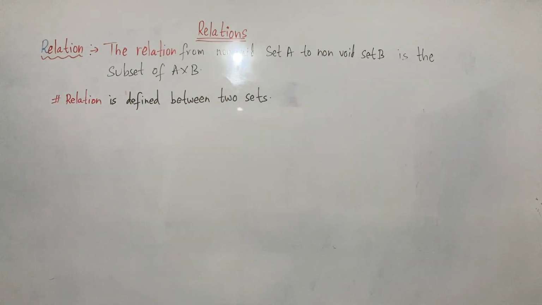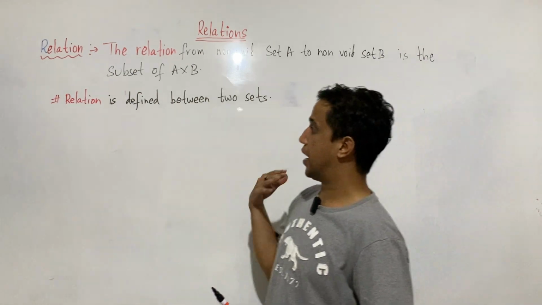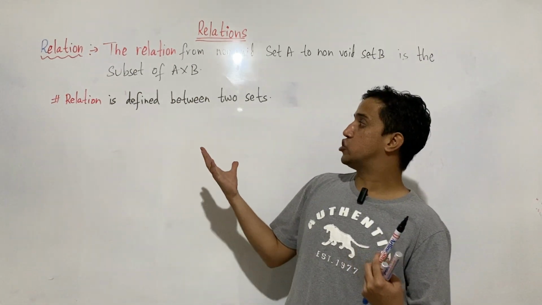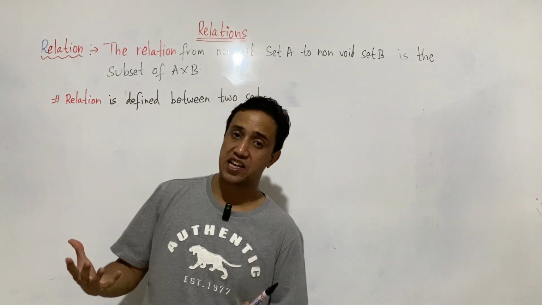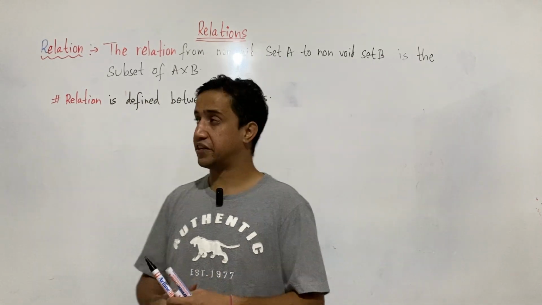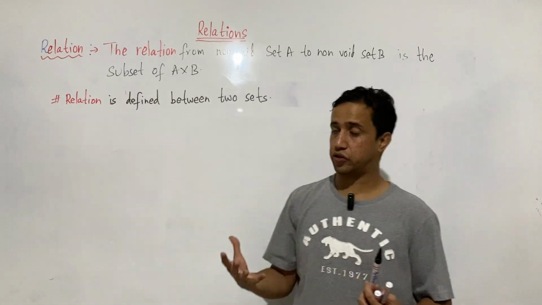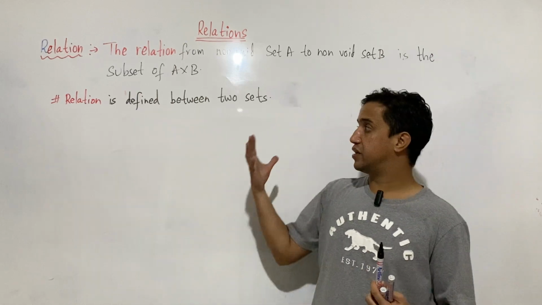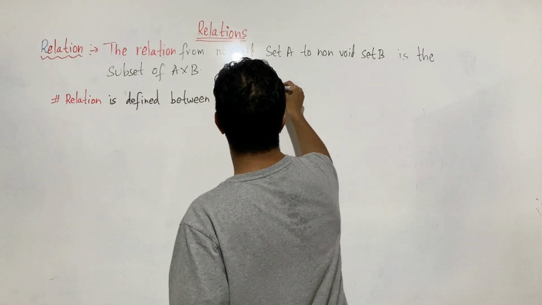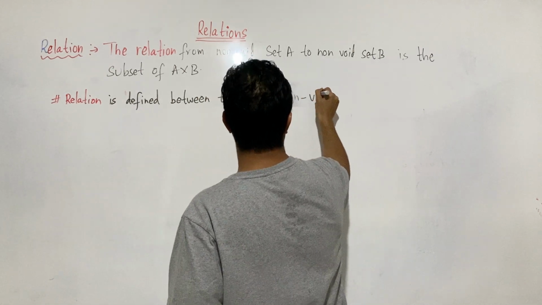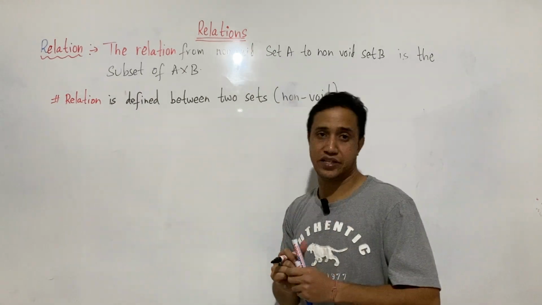So if I give you one set and ask you to establish the relationship, then you have to ask me where the other set is. This is the minimum requirement to establish a relation. The minimum requirement is that we need two sets and those sets must be non-void sets, meaning the sets should not be empty sets.